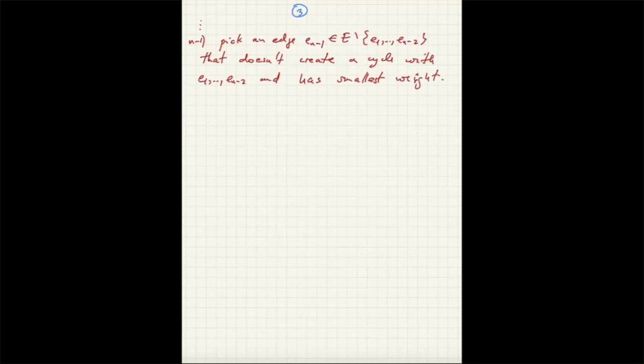And now the result that we want to prove, the proposition or essentially theorem, is that the previous algorithm produces a minimum weight spanning tree.